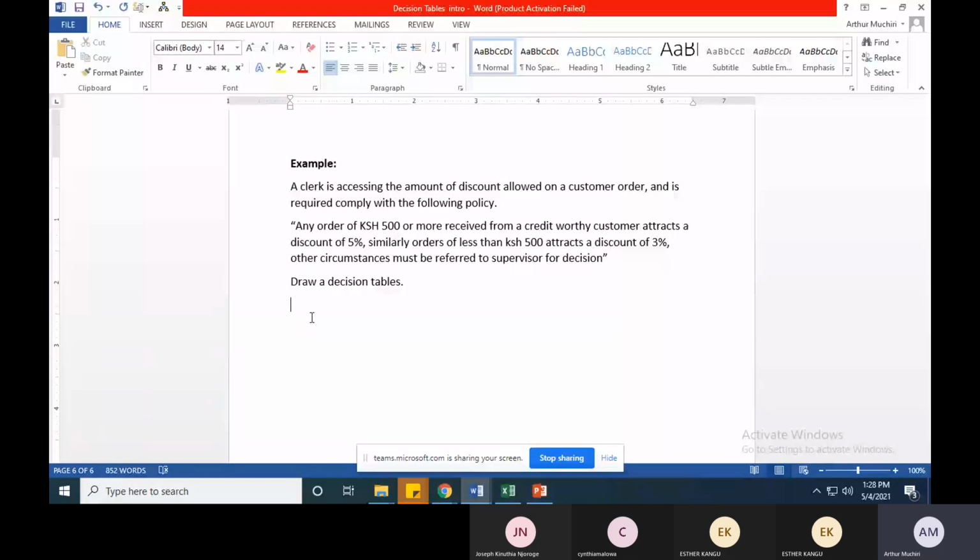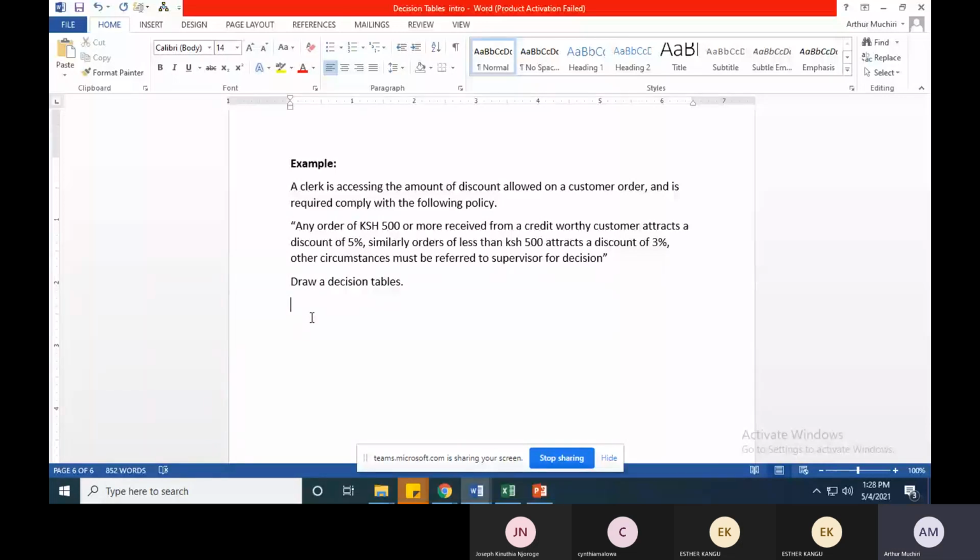The conditions are how many from this question? We are checking whether somebody's order is greater than 500. That is one condition. What else? So this one is more complex in that we're also going to look at something else.